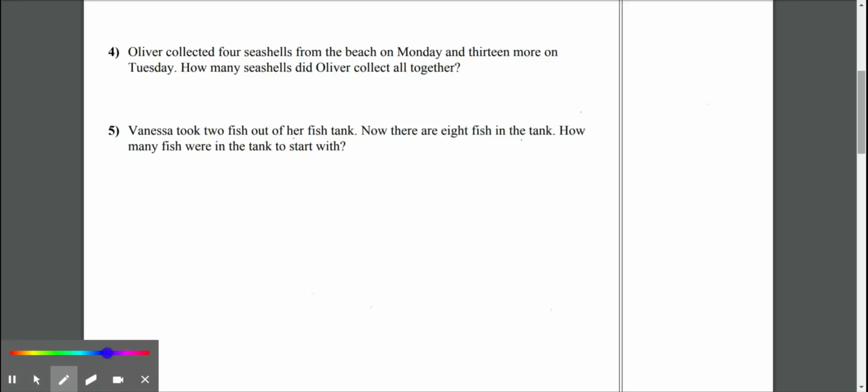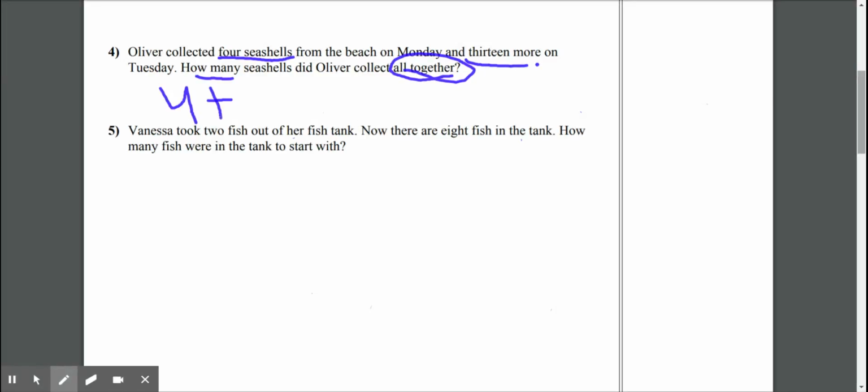We have Oliver collected 4 seashells from the beach on Monday and 13 more on Tuesday. How many did he have altogether? So once again, we know he has 4 seashells on Monday, 13 more on Tuesday, and they're asking how many did he have altogether? Our wording helps us. The wording itself tells me that I'm going to have to add these.